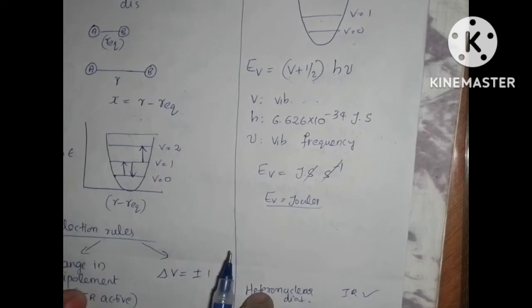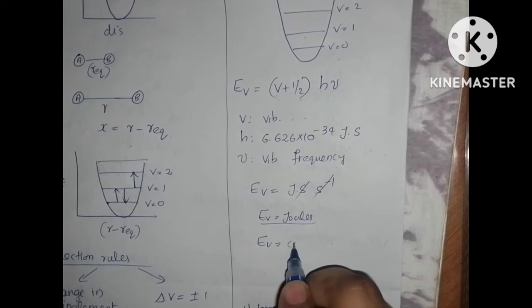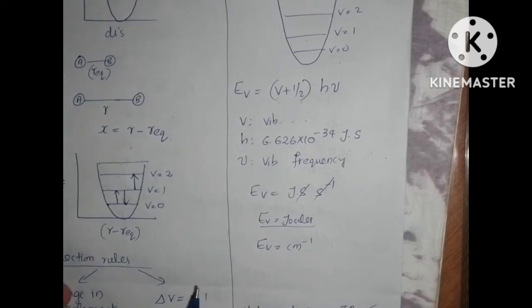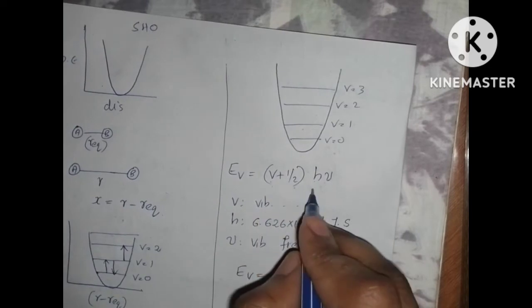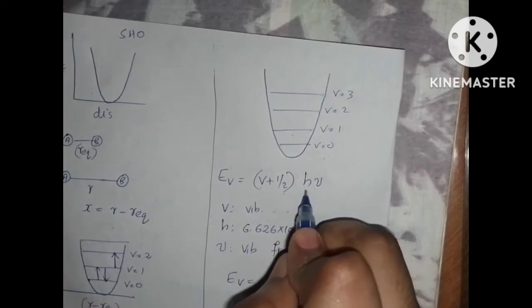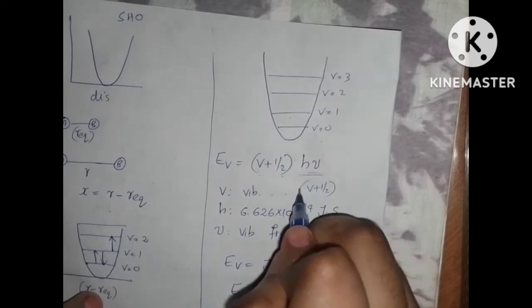But in some questions we can see energy in terms of centimeter inverse. How does it come? We know EV is equal to V plus half h nu, and this h nu is replaced by nu bar, so EV is V plus half into nu bar.